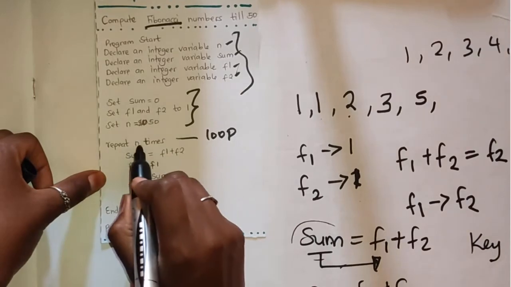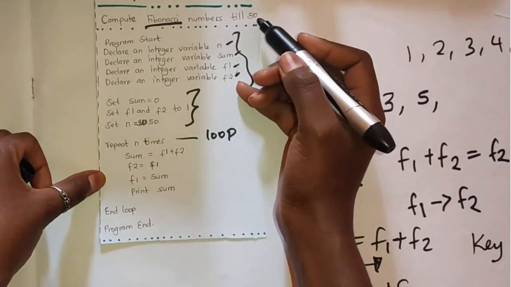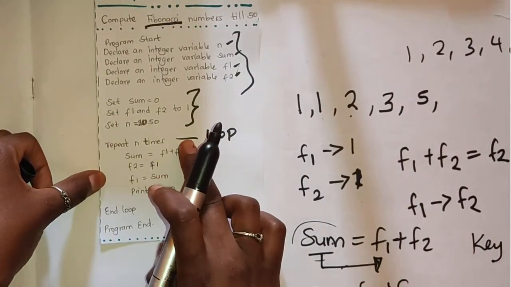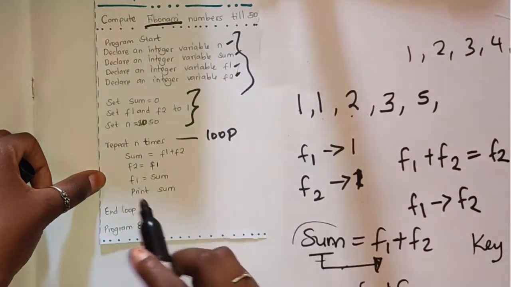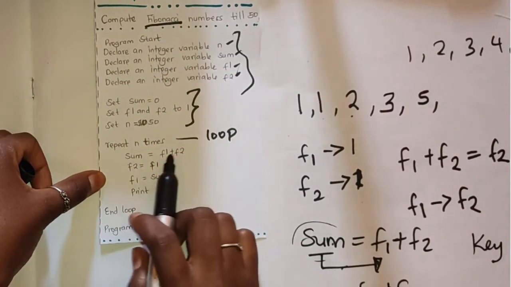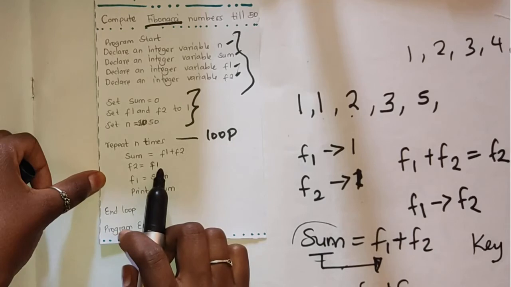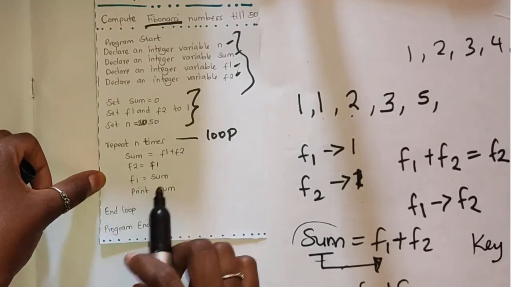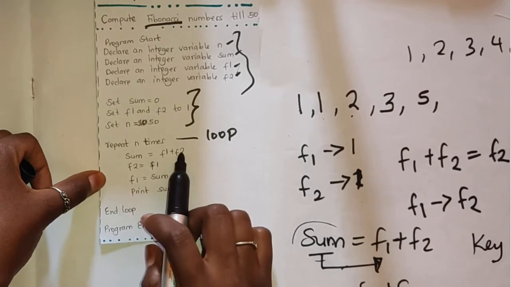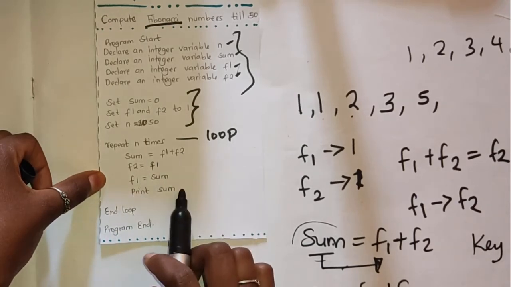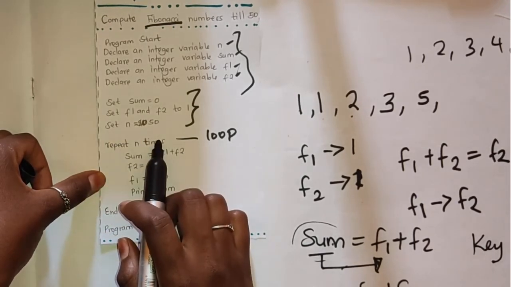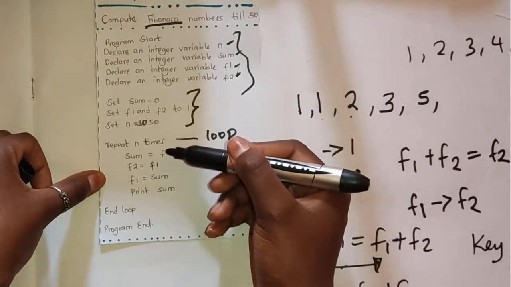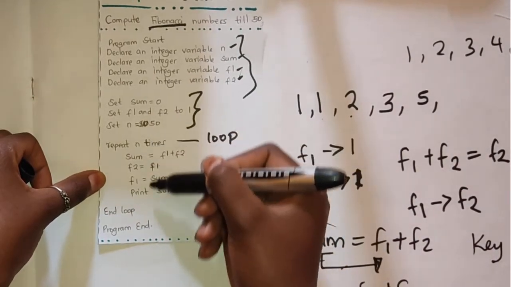This n in our case is 50, so repeat 50 times because we want to find the first 50. While repeating, find the sum. Whatever is in F2, make it F1. What is in F1, make it F2, sorry. Then F1 will be this sum, then you print the sum, and then you do it again. So anyone can easily understand what you mean and what is going on here.